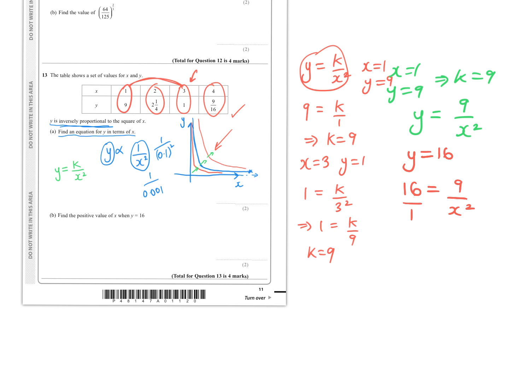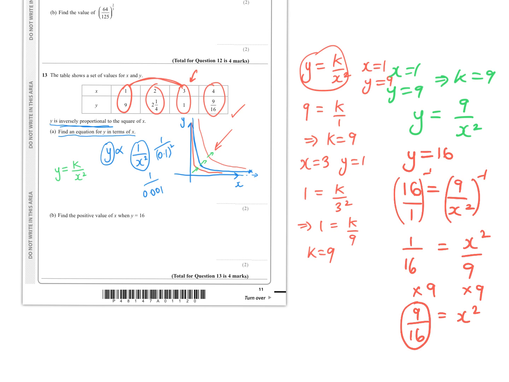A nice little trick here is that 16 is 16 whole ones. So if we invert both sides, that's the same as doing this, both sides to the power negative 1. Then we'd have x squared over 9. Then we can times both sides by 9, and that would give us x squared is 9/16. So what that means is something times something is 9/16.